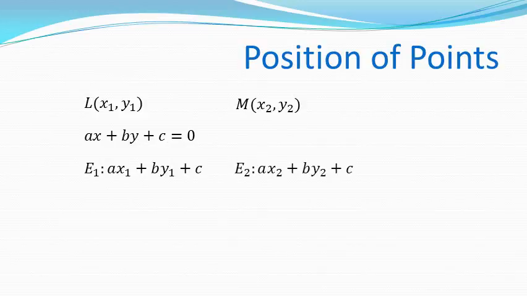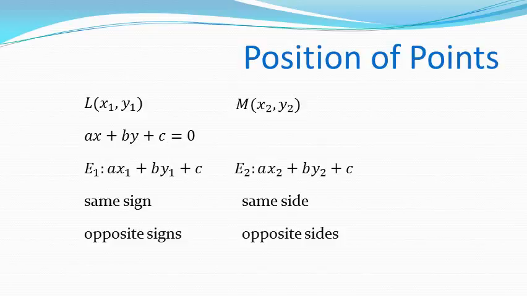Similarly, we plug in the coordinates of the point M and call that E2 and find out the sign of E2. If E1 and E2 have the same sign, then the points L and M are on the same side of the straight line. And if they have opposite signs, then L and M lie on opposite sides of the straight line.